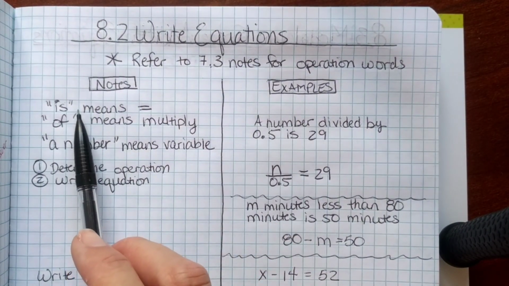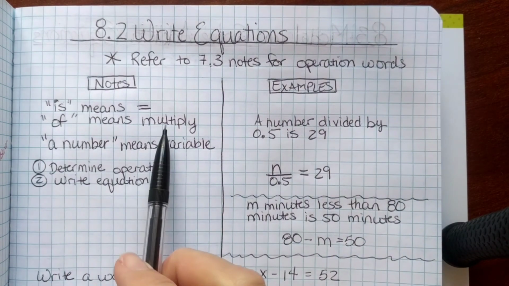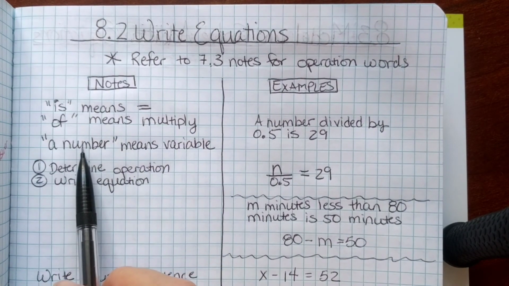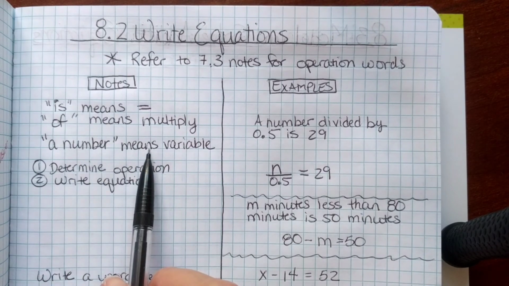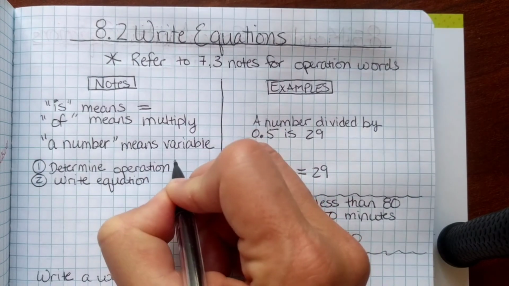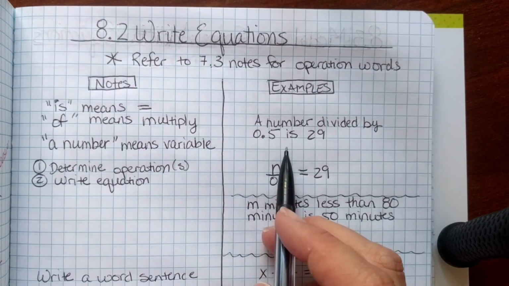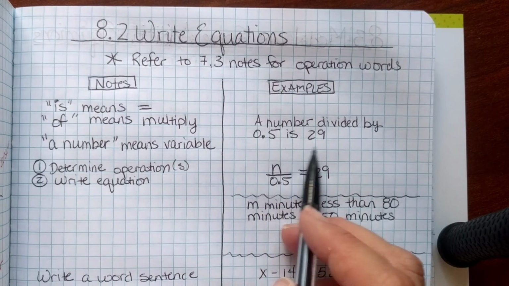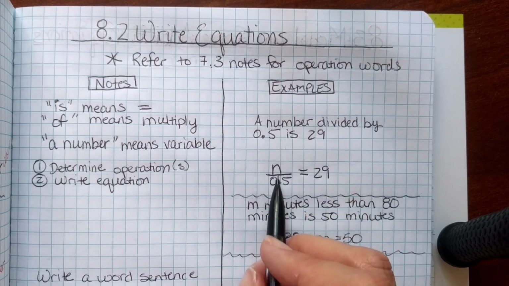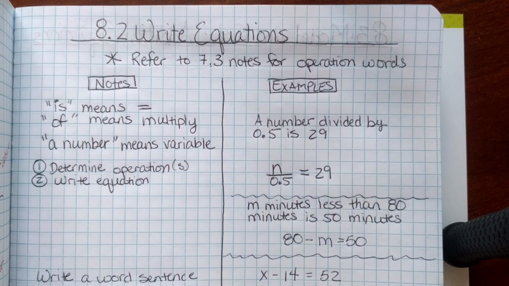Is is a new word that we've added, which means equals to. Of means to multiply. A number means you're going to be using a variable. So first you determine the operation. Then you're going to write the equation. A number divided by 5/10 is 29.